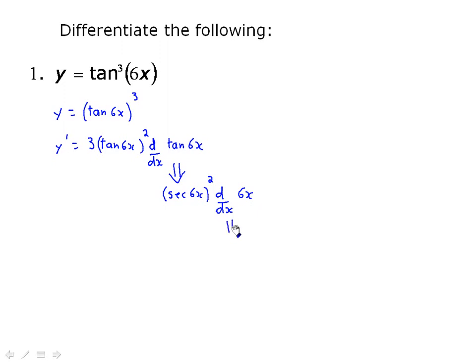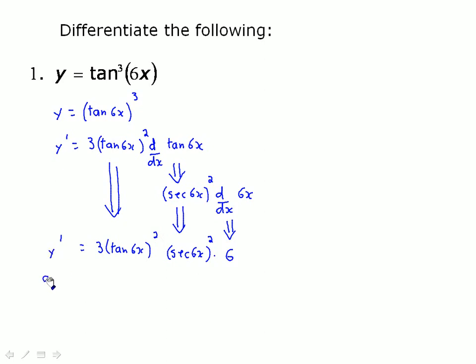And I think that most of you will not go through all these steps when you're differentiating something like this, but this is what your brain is doing. So this is the secant of 6x squared multiplied by 6, and then this is times 3 tan of 6x squared.